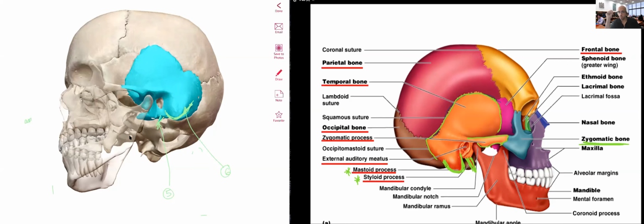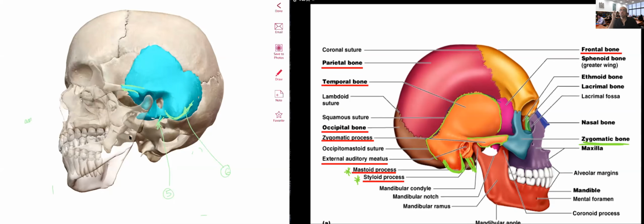So again, thin, long, and pointed, this is my styloid. Large, short, and broad, this is going to be mastoid. How about the process that connects the temporal bone to the zygomatic bone, the bone of the cheek?